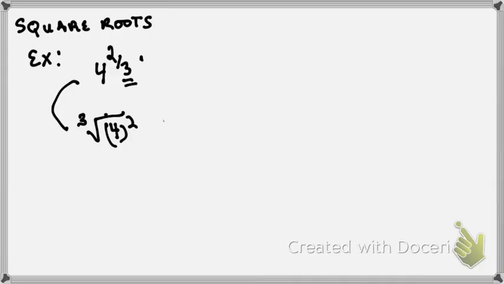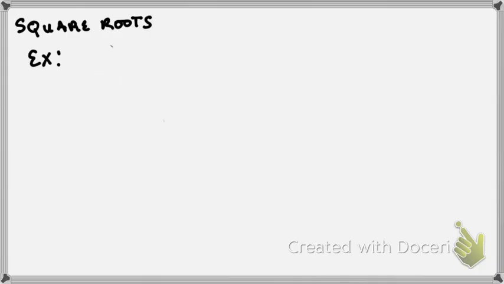Now, for the MCAT, there are 2 square roots that you must memorize, okay? Because these are going to be very important, and you're definitely going to have to use these 2 numbers in some application for the MCAT.